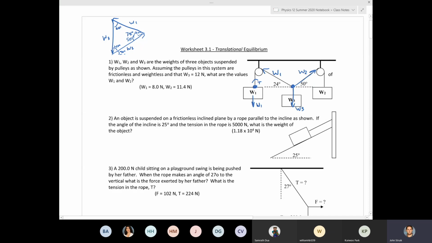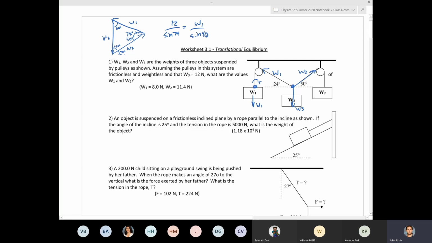And so from there, we can go sine 74 over weight 3, which is 12, equals sine 40 over weight 1. I did this upside down. I don't know why. Okay, let me do this the right way. The unknown should always be on top. So 12 over sine 74 equals weight 1 over sine 40.